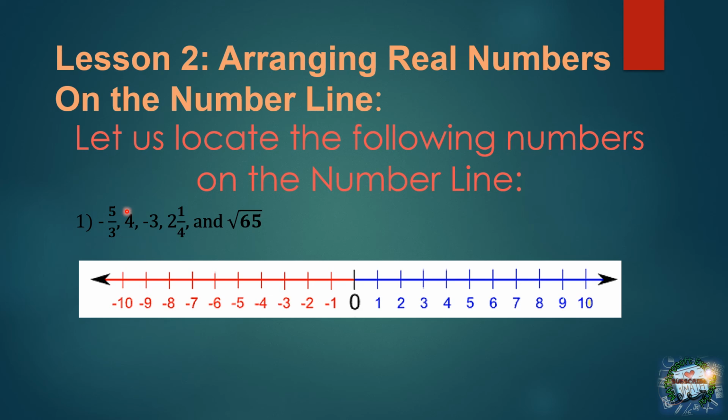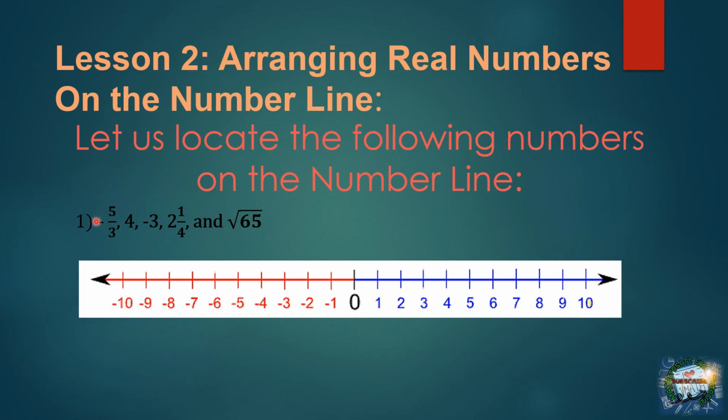Negative 5/3, di ba? Yung negative 5/3, pag kinonvert natin yan into a decimal, andito siya banda sa negative sides. Pag dinivide natin, ilang 3 meron sa 5? Di ba isa? So, lagpas siya sa negative 1. Pero pag tinanggal natin yon, 5 minus 3, so that's 2.